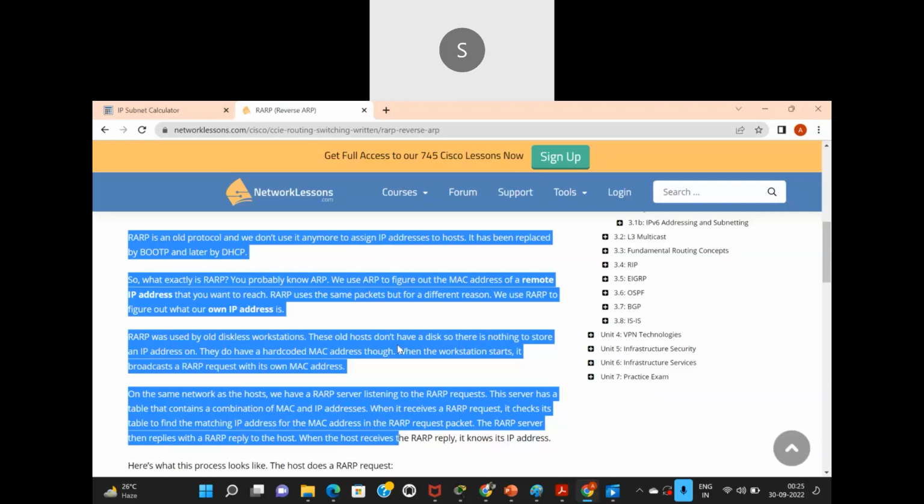RARP uses the same packets, but for a different reason. We use RARP to figure out what our own IP address is. RARP was used by old diskless workstations. These old hosts don't have a disk, so there is nothing to store an IP address on.